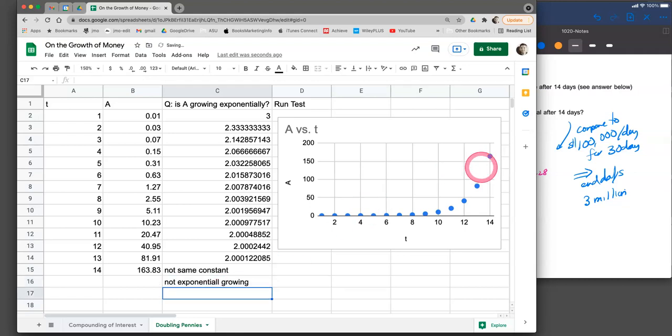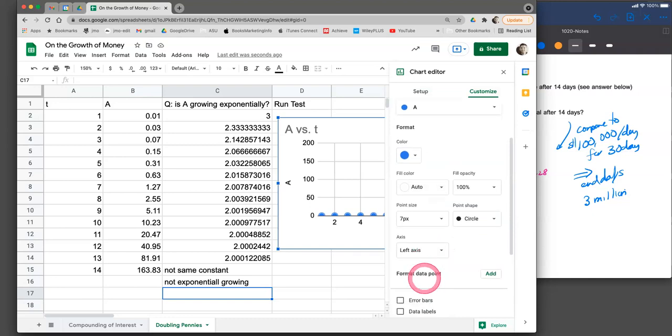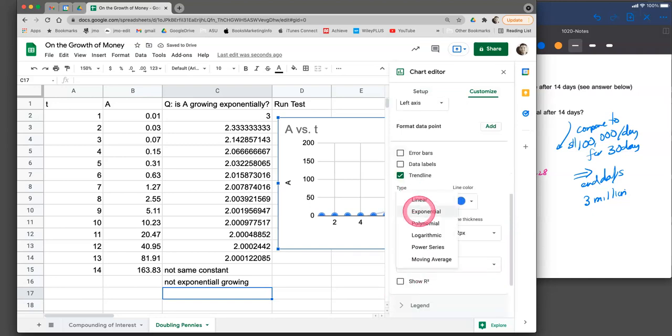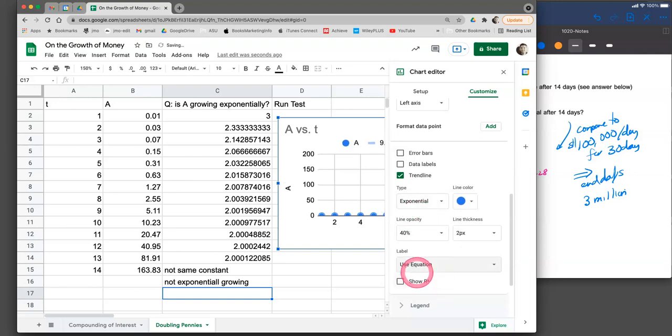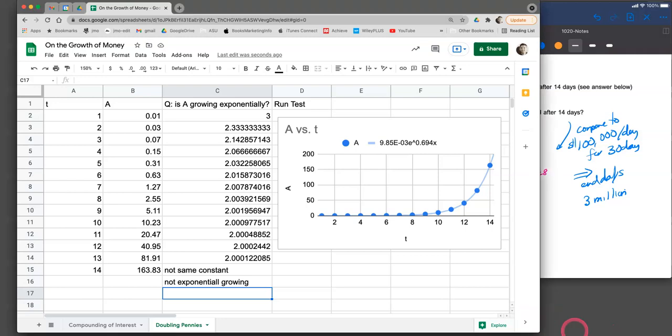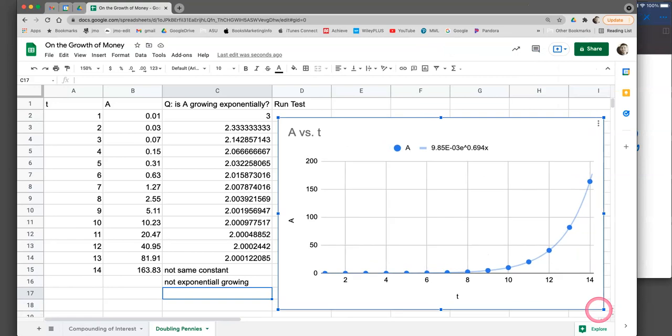This does not mean that we can't try to use Google to click this data and insert a trend line and see if we can fit a function that is exponential through that data. So here we have a formula that tries its best to fit the data. Let's make this a bit bigger.